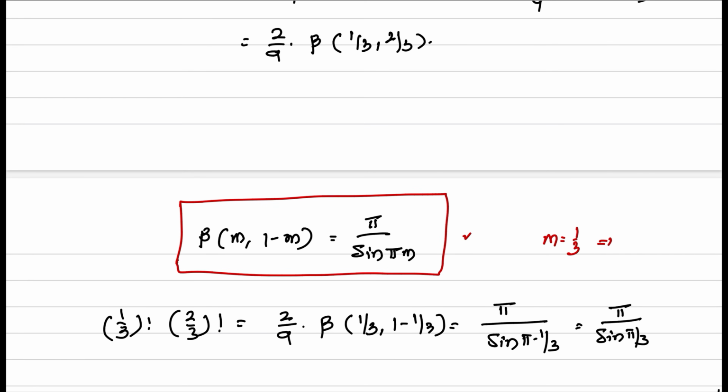What is the value of sin pi by 3? Root 3 by 2. It is 2 by 9, we should not forget.